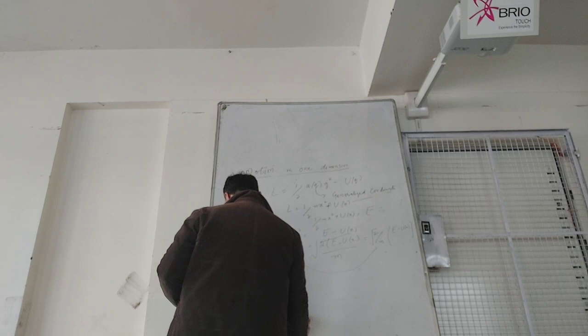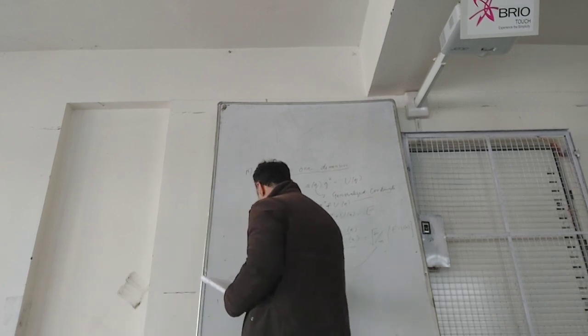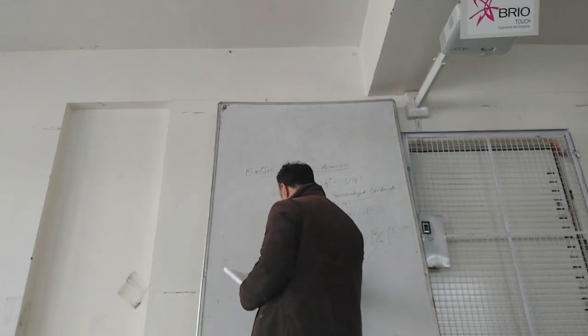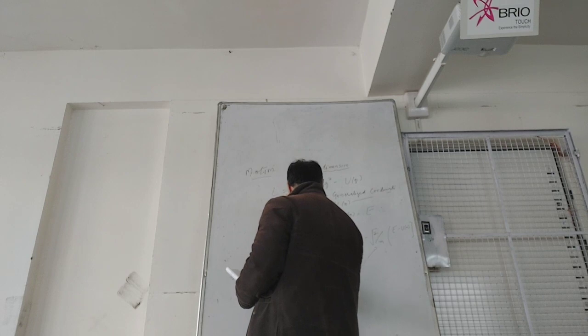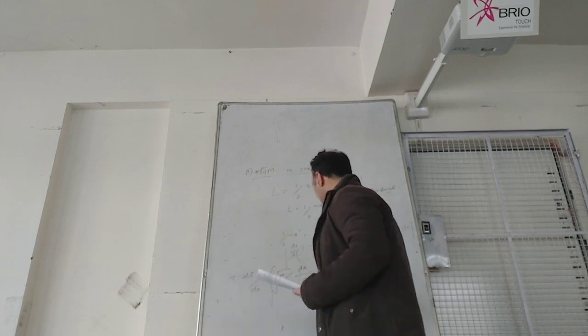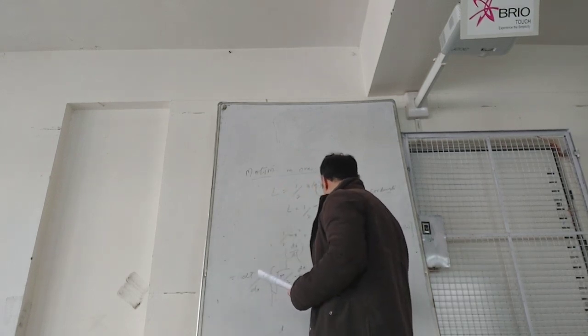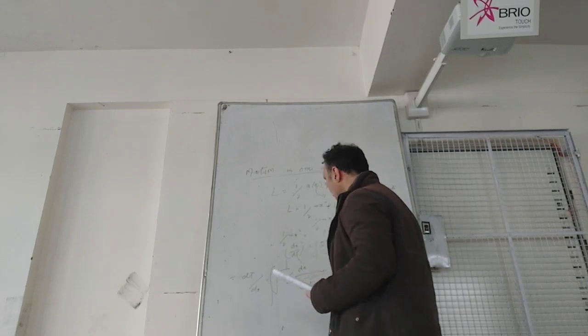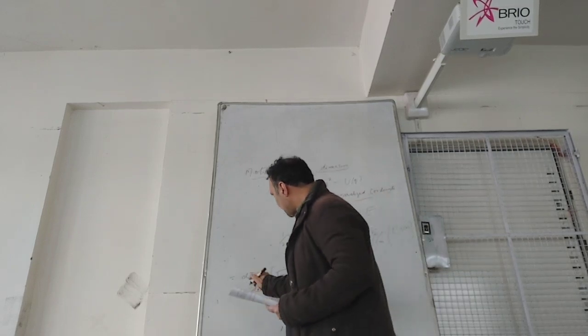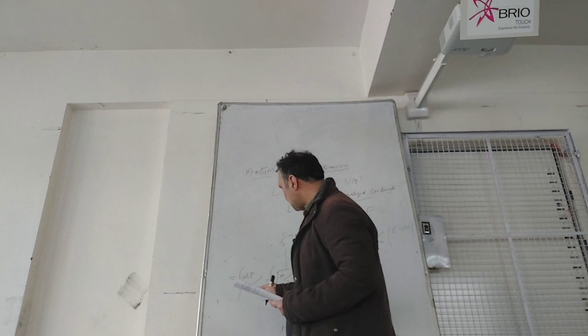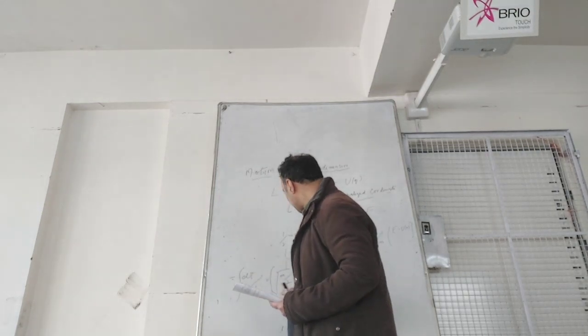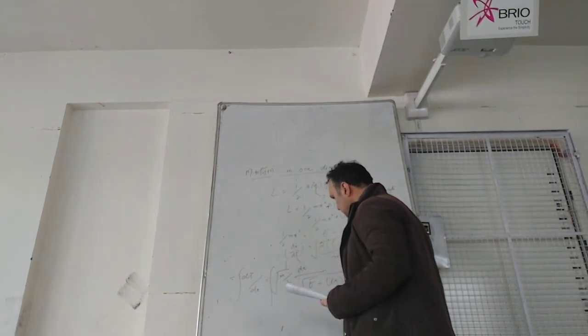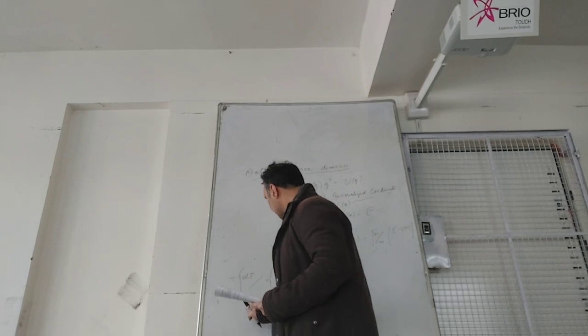So if you are going to integrate it, it will be dx by the root of this, E minus U(x) will remain here. If you integrate both sides, dx will go here and it will be an integration.